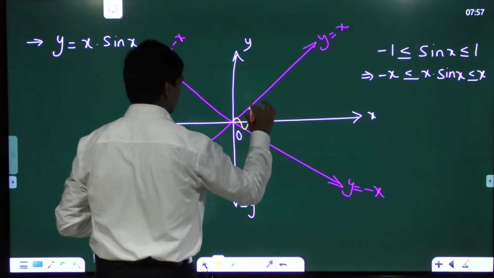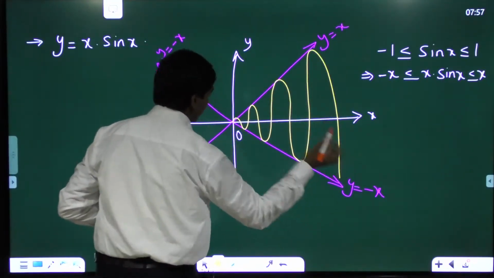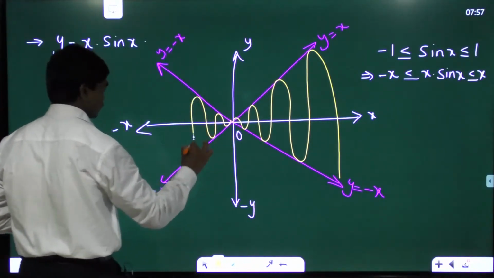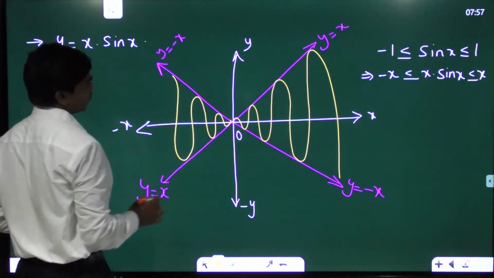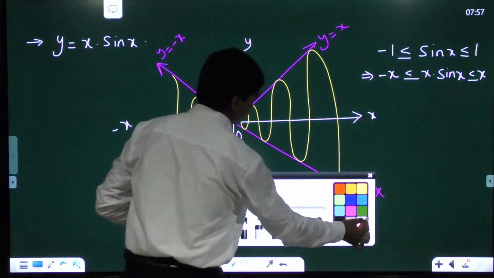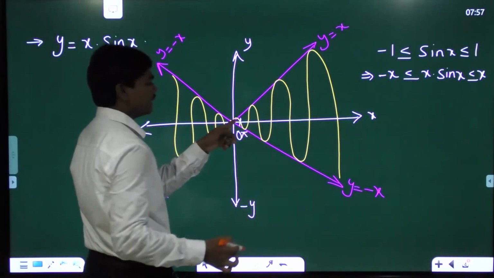This is 0 and it goes on like this. This pattern keeps on repeating. Now, if you see, this value is pi because you know sin pi is 0.